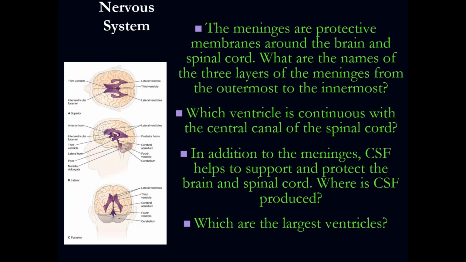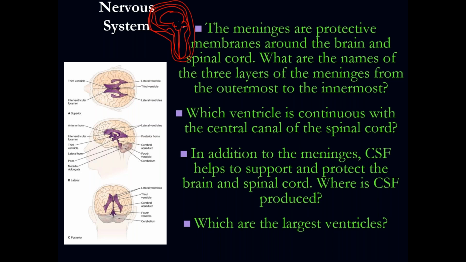The meninges are 3 layers that are going to cover this. This is the brain, this is the cerebellum with the brain stem, this is the cerebrum, and this is the spinal cord. So the meninges are 3 layers: one layer covering, a second layer covering, and a third layer covering the whole central nervous system.